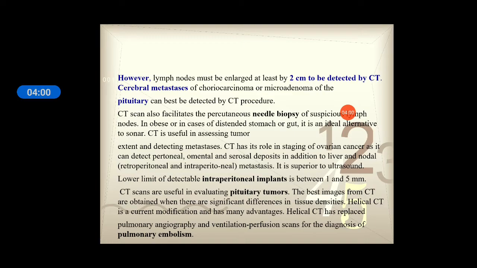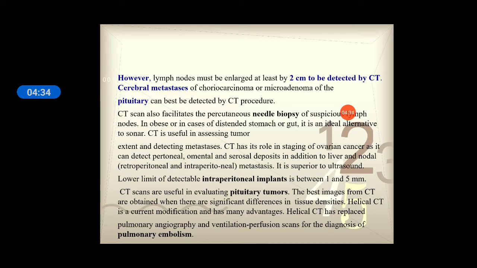CT has its role in staging of ovarian carcinoma, as it can detect peritoneal, omental and serosal deposits in addition to liver and nodal metastasis. That is why it is considered superior to ultrasound in the detection of metastasis and the staging of ovarian cancer.